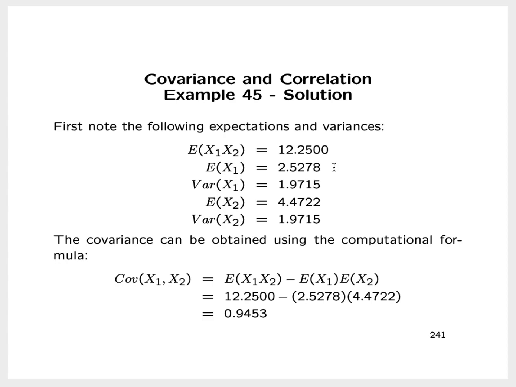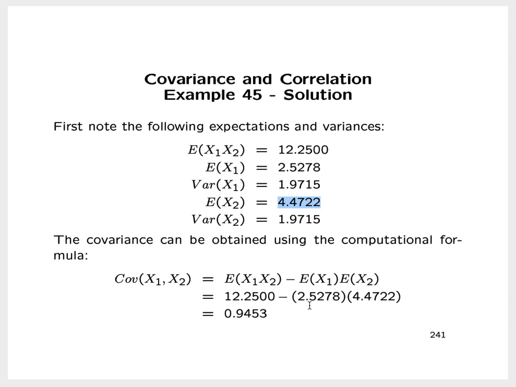Now, with these values, we can compute the covariance of x1 and x2 using the computational formula. So the expected value of x1 times x2 minus the expected value of x1 times the expected value of x2. And so this is 12.25 minus the product of 2.5278 and 4.4722.